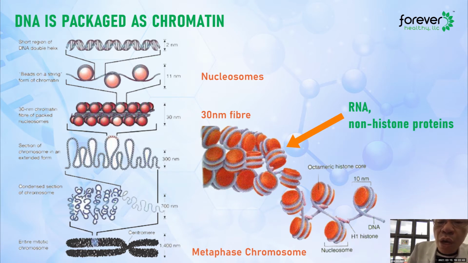Nucleosomes are composed of histones packaged in the 30 nanometer fiber. Imagine that 30 nanometer fiber folded in another domain, and it becomes a 300 nanometer fiber. That is further folded to become a 700 nanometer fiber, which is then organized into a tetrad.